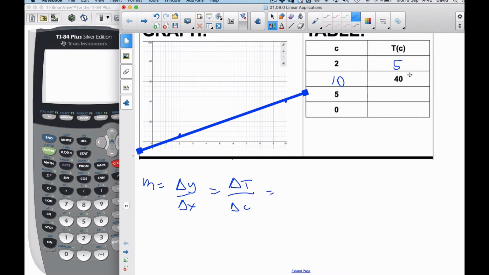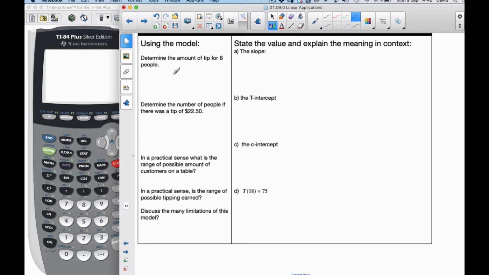So my change in t's are going to be 40 minus 5. And my c's, I can use 10 and 2, which is 35 over 8. And if I quickly type that out, I know it's 4.375 is my slope.